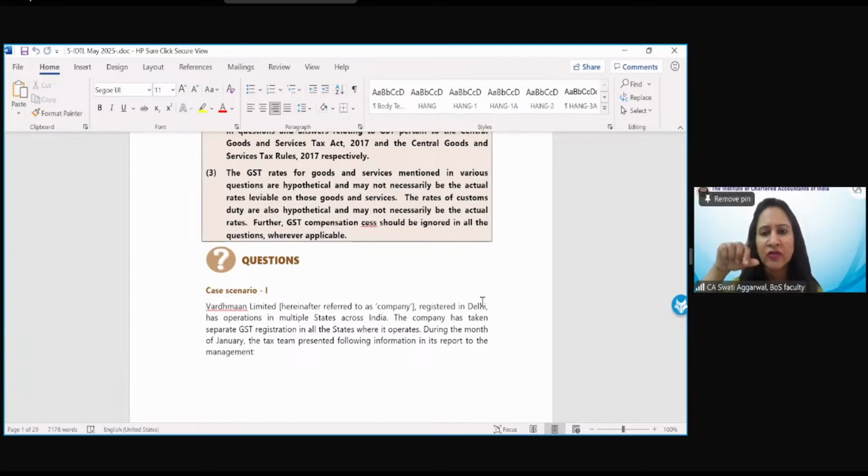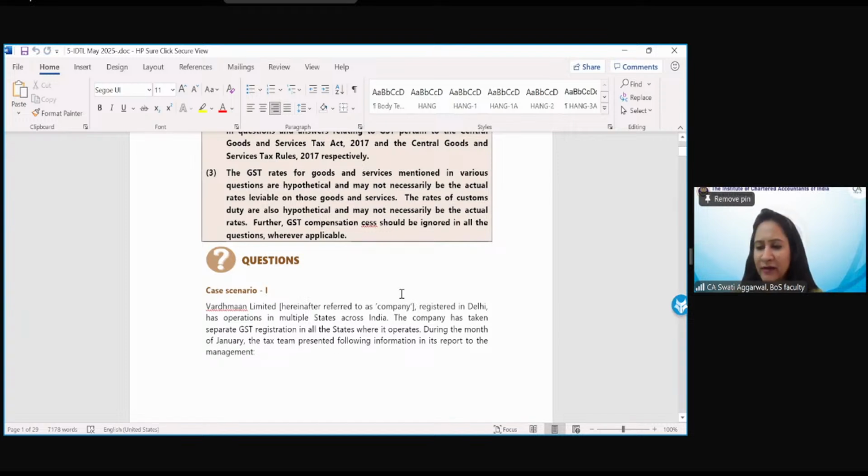But while giving the quick reading, just memorize, or they can just highlight with the pen, what all are the provisions which are applicable, what all are the relevant important provisions which get triggered in these types of situations. So that when we come to the questions, our mind is already prepared. Is there any circular applicable in this scenario? Is there any amendment in this case? And which provision of law is attracted in this particular case? You may think of that in your mind during reading as well.